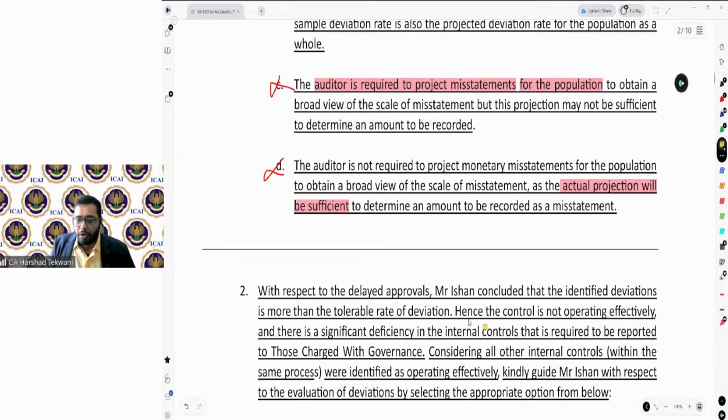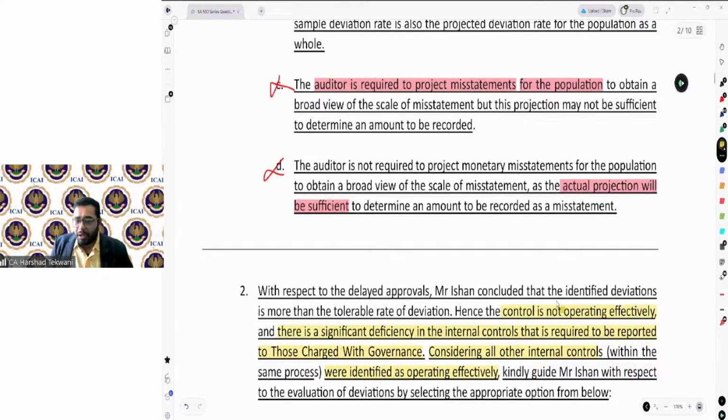So, Mr. Ishan is saying that control is not operating effectively. There is a significant deficiency in the internal controls that is required to be reported to those charged with governance. Considering all other internal controls were identified as operating effectively.